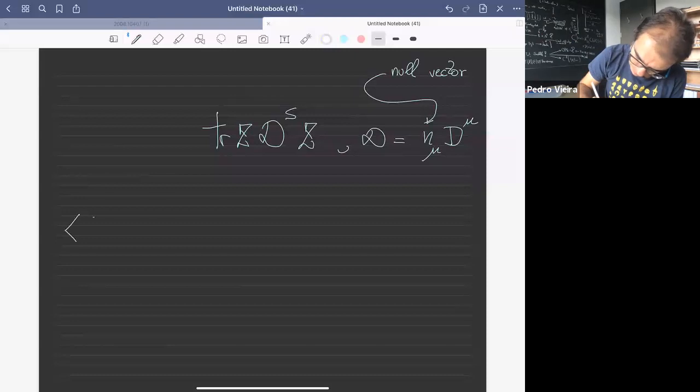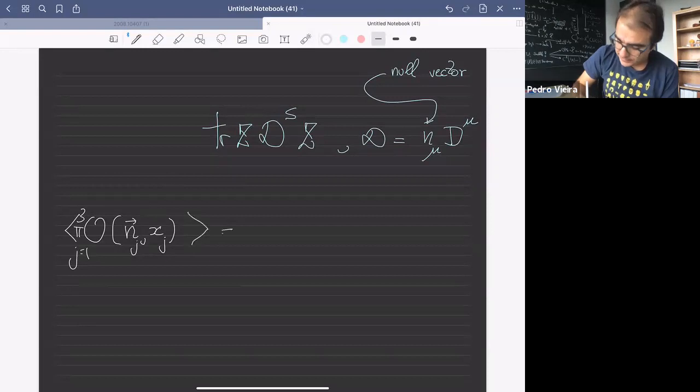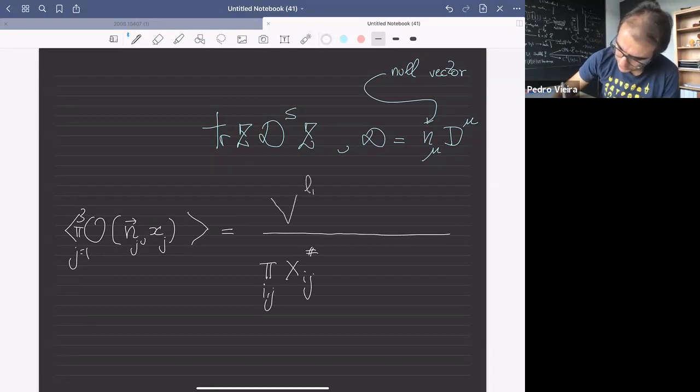So if I write one operator that now depends on a null vector n and the position x, and I have products up to 3 where j runs from 1 to 3, this is not just some xij to some known powers like we are all used to, but there are also some tensors here, V to the power L1, and then H to the power J1 minus L1, and some other tensors VH, VH.